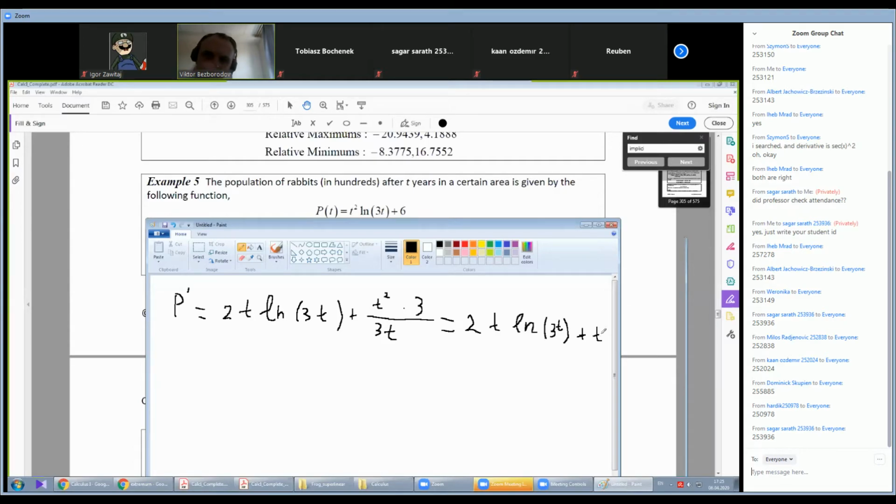It looks correct. Of course I have to say that t is not 0, because if t is 0, then this doesn't exist. So t not equal to 0 for the derivative. So 0 is a critical point. We have to remember it.